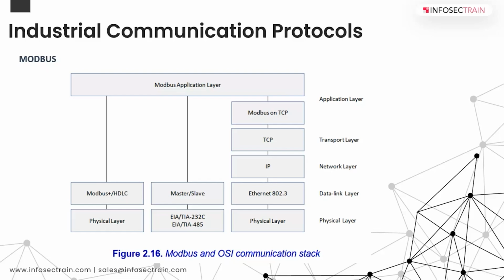So let's look at three types of Modbus implementation. One is serial Modbus using RS-232 or RS-485 in RTU or ASCII version, where the bytes are encoded on 2 hexadecimal characters using a variety of physical means of transmission like cables, fiber, radio, and so on. Modbus Plus over HDLC, where HDLC stands for High Level Data Link Control, uses a high speed token passing network.